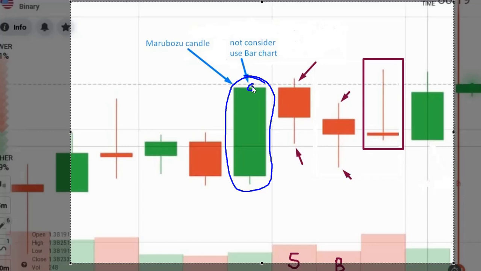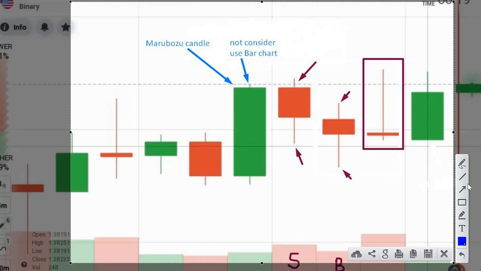We will not consider the wicks, because if we apply bar chart, we will find out that this candle is a Marubozu candle.